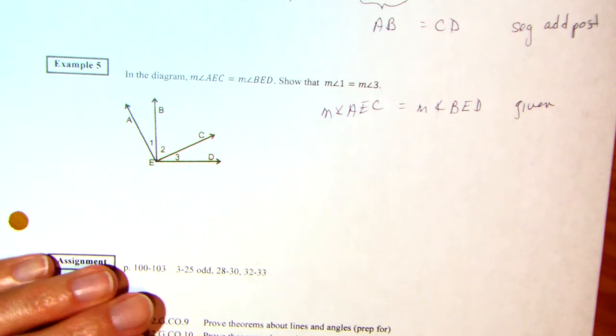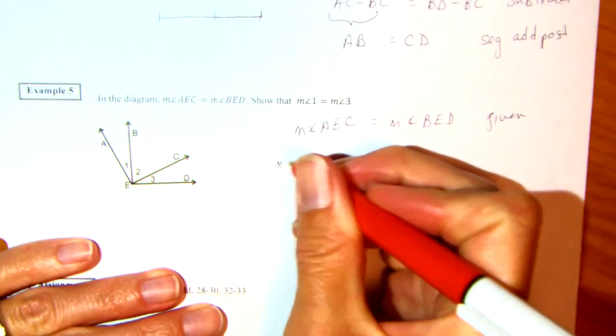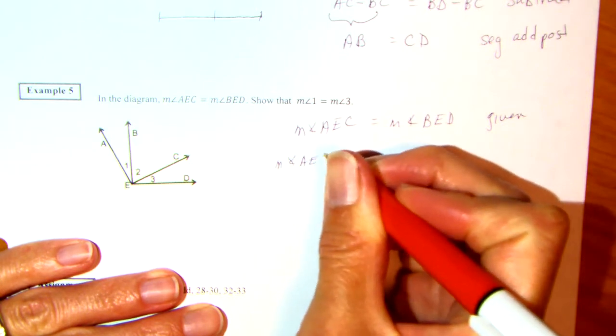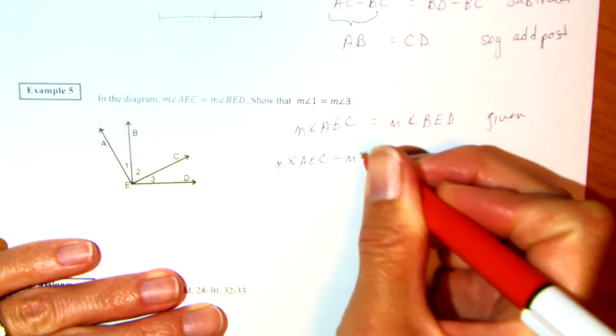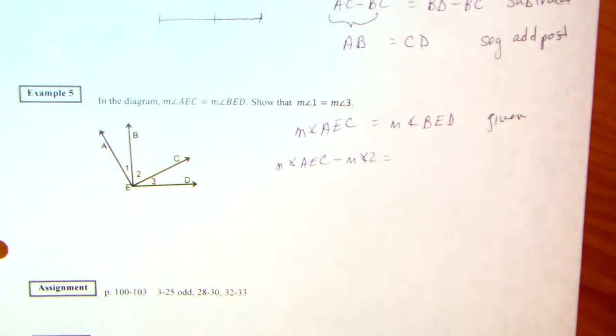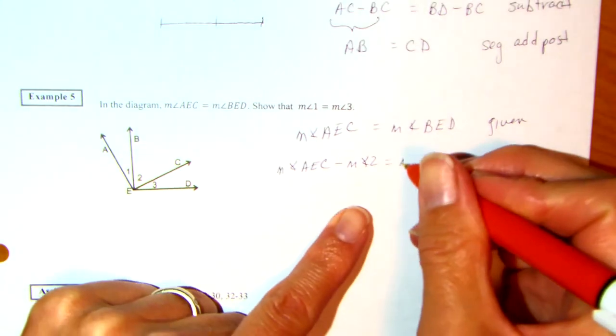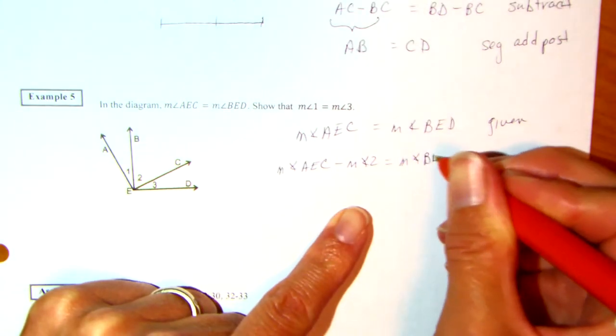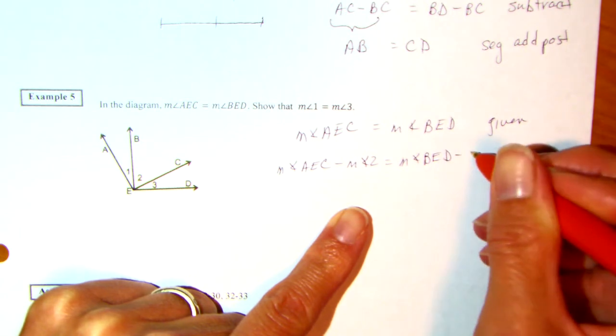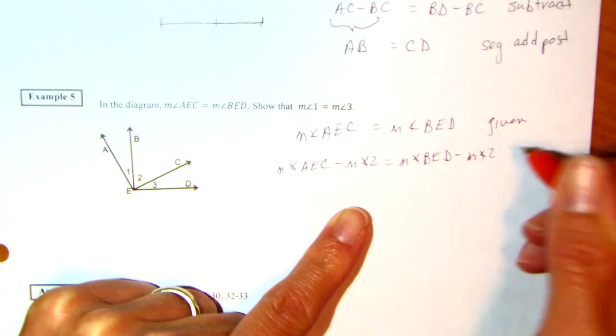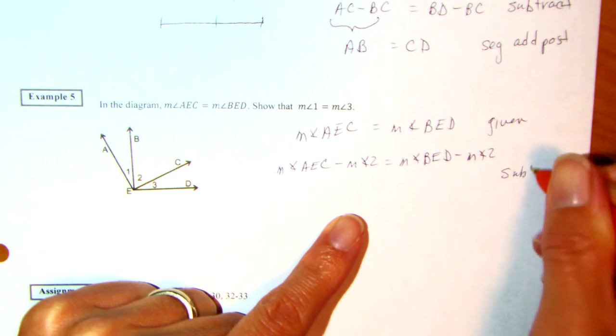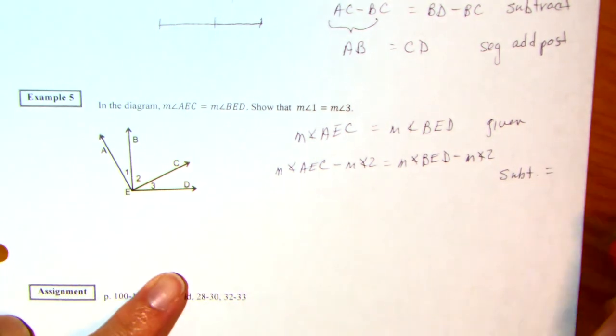So what I'm going to do is take that away, just like what I did with this example up here. So measure of angle AEC, take away the measure of angle 2. I'm going to subtract that on both sides of the equal sign. Measure of angle BED, take away the measure of angle 2. Basically, we're doing the subtraction property of equality.